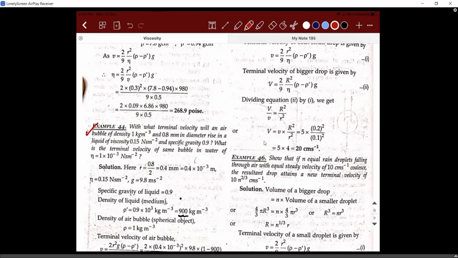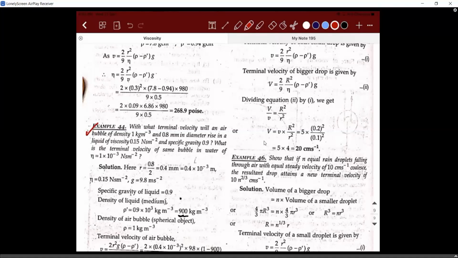Because everything is in SI units only, right? If you write g also as 980, why is it SI unit only? So when you're solving the problem, you're finding eta.